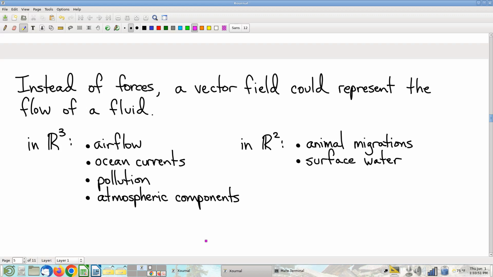So the air in this room might be circulating like this, or maybe like that, or whatever. Who knows? Maybe over there it's circulating like that, and over here it's circulating like that. But at any given point in this room, you can talk about the velocity of the air at that point. And so at every location, you have a vector. That's a vector field.